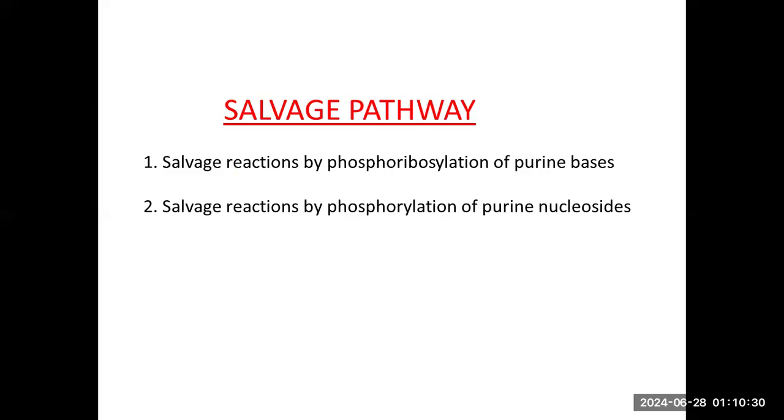That makes the nucleotide. The second salvage reaction is the phosphorylation of purine nucleosides. That is, if the sugar is already attached, there are already nucleosides, and finally the phosphate is added to the nucleoside to make the nucleotide.